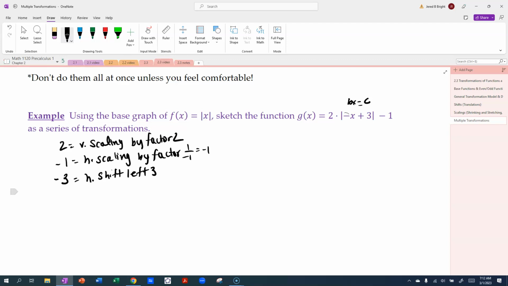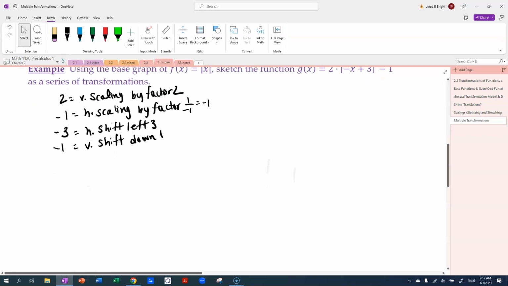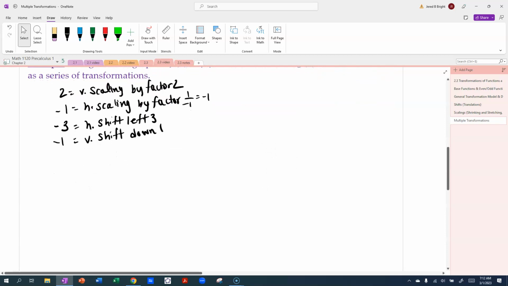And then the last -1 that I see is a vertical shift down 1. So these are the transformations that I'm going to do, and what I like to do too is also write down the order that I would do them in, as well as the algebraic form that I would use for them.